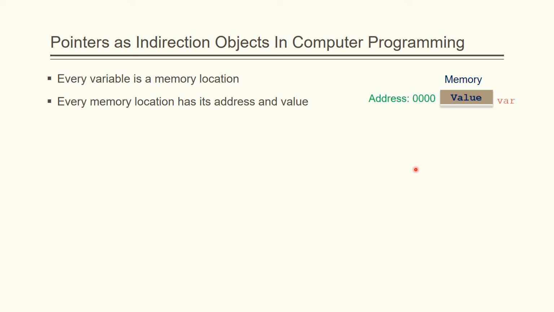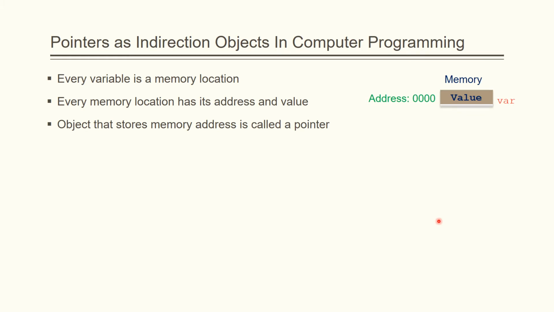For example, here the address of this memory location could be 0000 and the value can be anything. Please note that I'm only using very simple addresses just for understanding, but in reality these addresses are different.